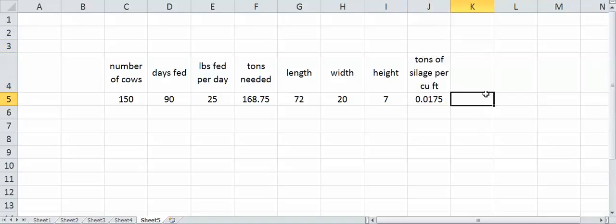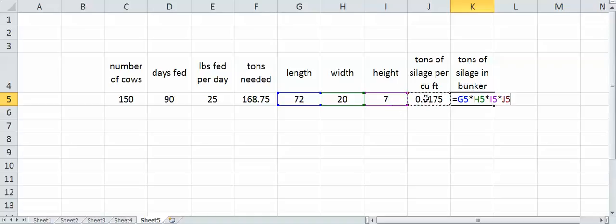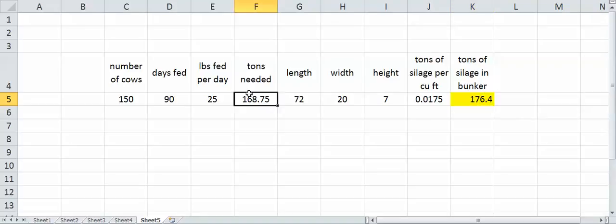So to get tons of silage in the bunker, I just simply do this: length times width times height times tons per cubic foot. So what I have on hand is 176 tons of corn silage. What I need is 168.